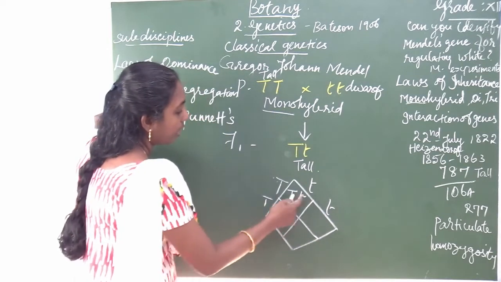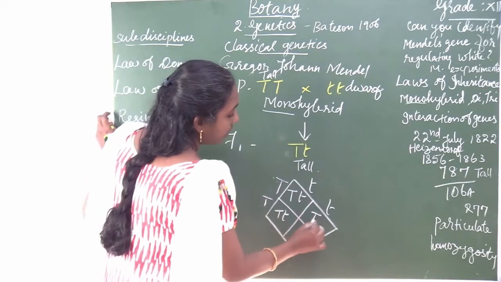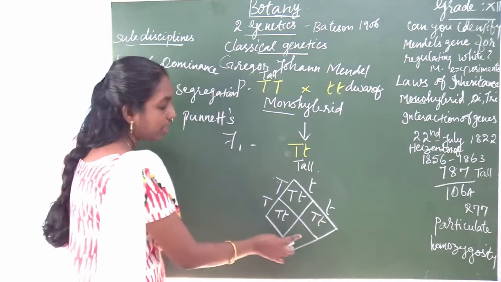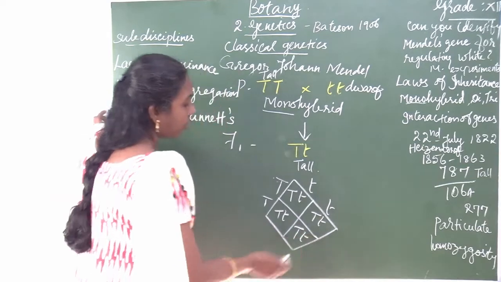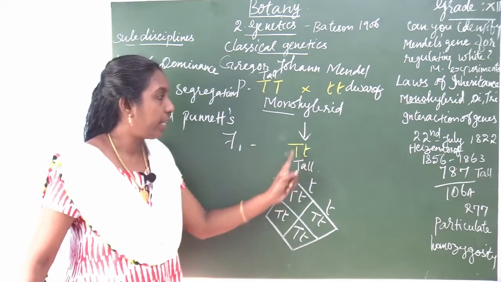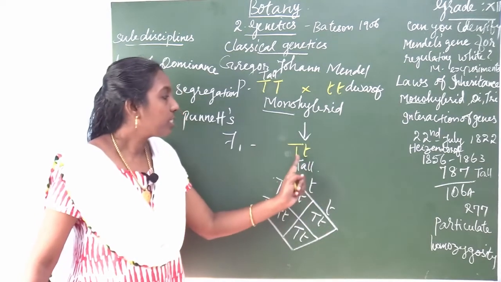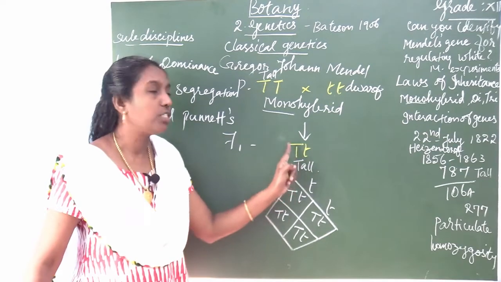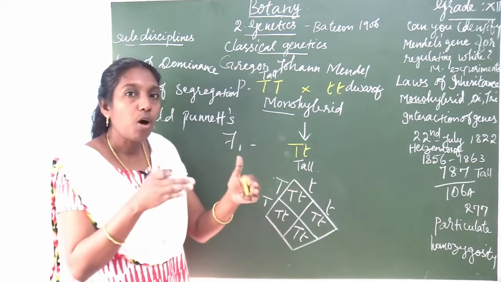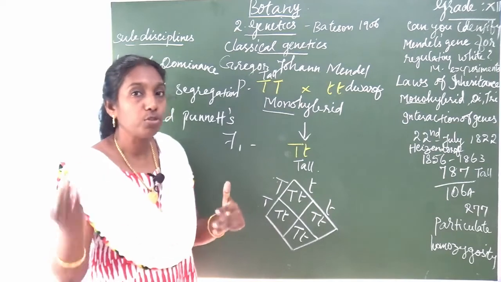Here capital T and small t, and here capital T and small t. So, in the first generation, all these characters are heterozygous, capital T, small t, but they express the tall character. The dwarf will be expressed in the second generation, that is the F2 generation.